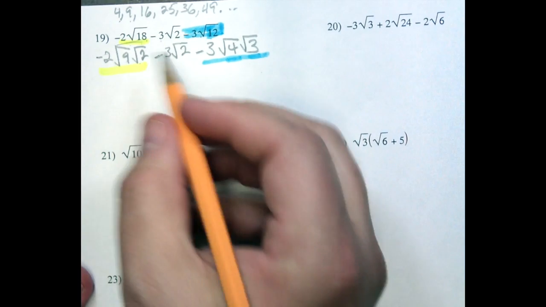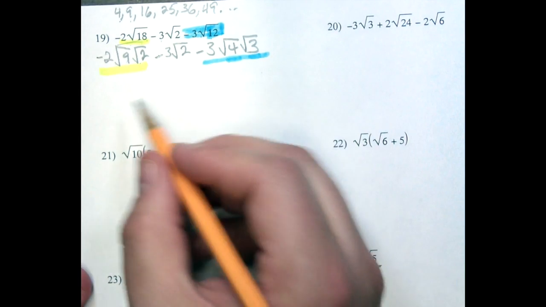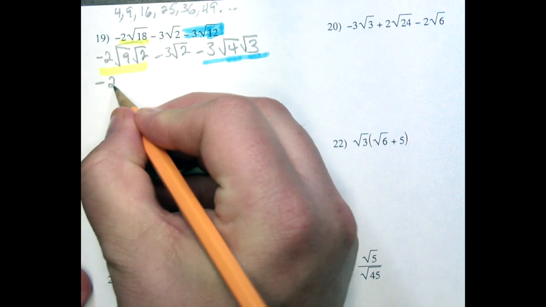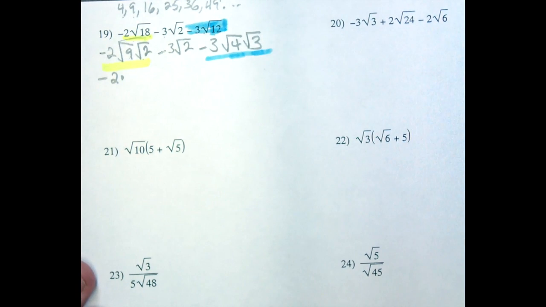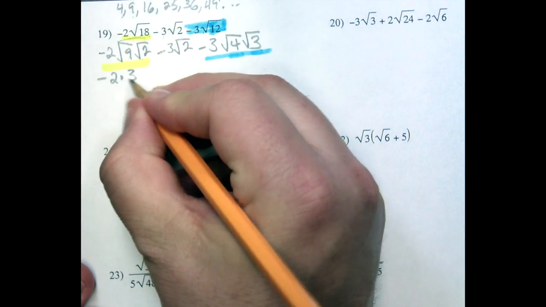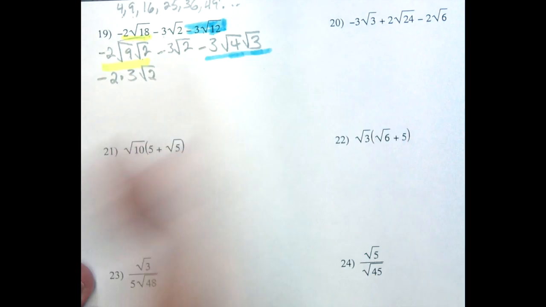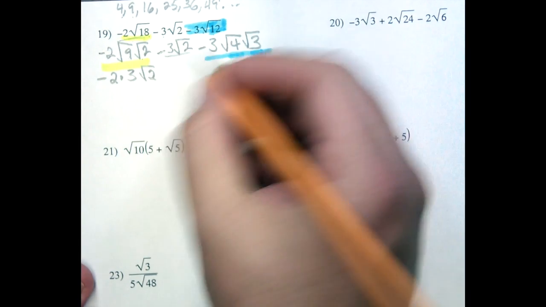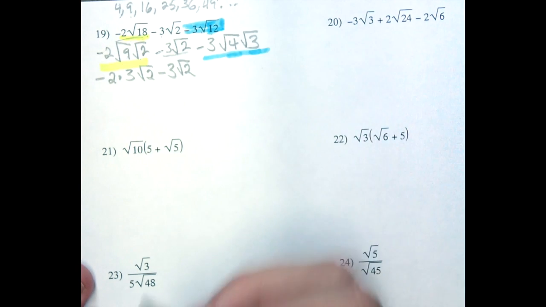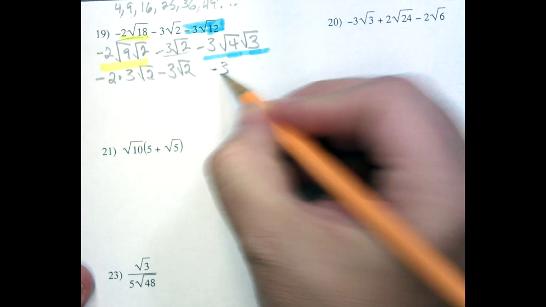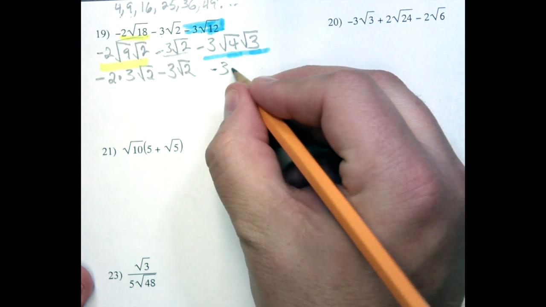So now I'm going to reduce some of these things. So now I'm going to say negative 2 times, what's the square root of 9? 3. So times 3, and then the square root of 2 can't be reduced anymore. This one doesn't change much, so I'm just going to say minus 3 times the square root of 2. And then what is the square root of 4? 2.